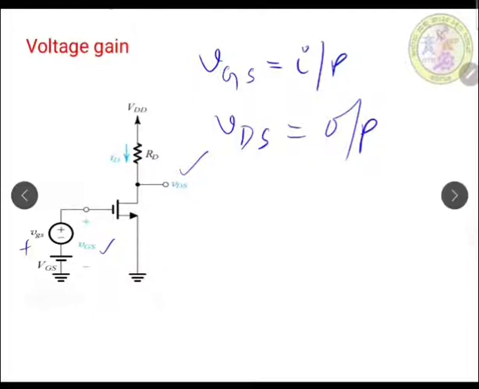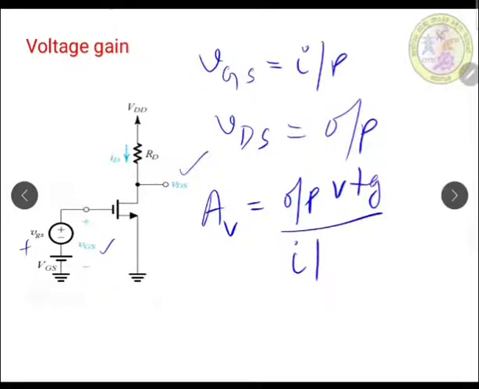So when we are deriving the voltage gain, we know that the voltage gain is nothing but the ratio of output voltage to input voltage. In this particular circuit we need to identify which is the output voltage term and which is the input voltage term.